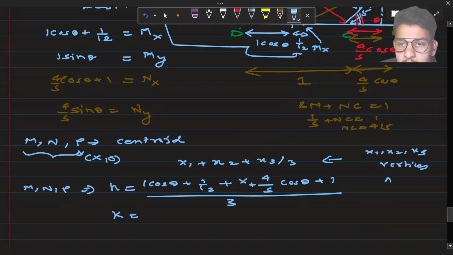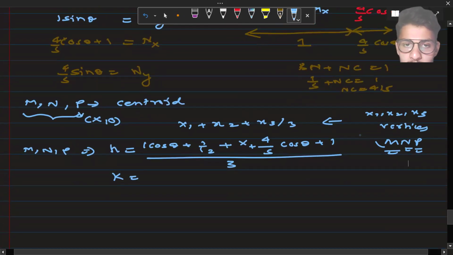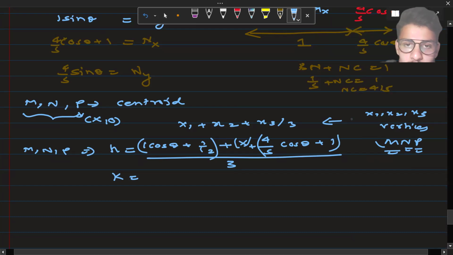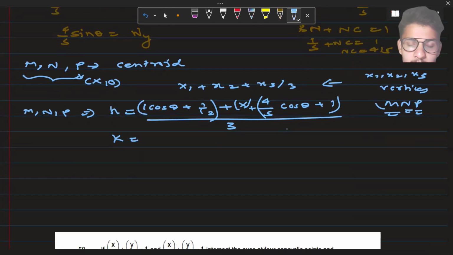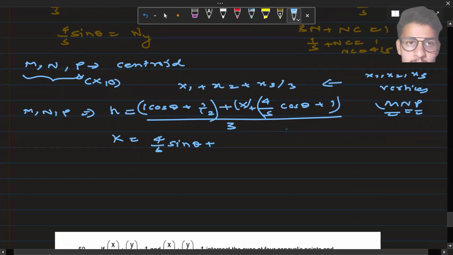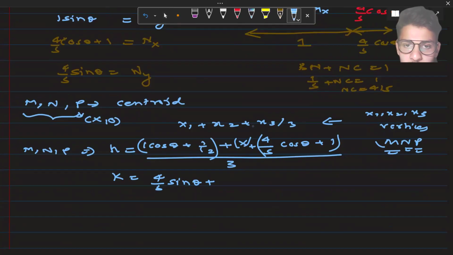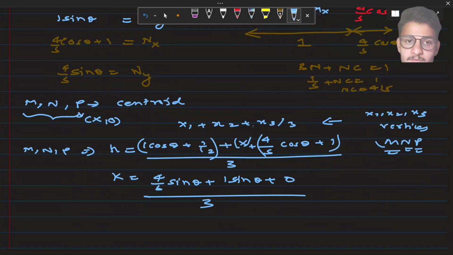So in triangle MNP, I have added the x coordinates of M, P and N, and divided by 3. In a similar manner, the y coordinate will be found: 4/5 sin theta plus 1 sin theta plus 0, divided by 3.